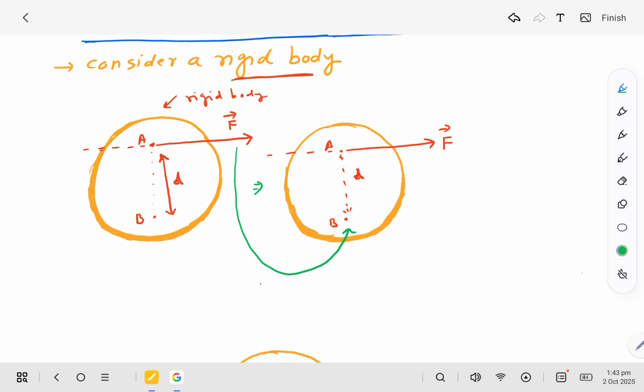If I apply two forces with the same magnitude as the force acting at point A to point B, so first we apply two same magnitude, opposite forces at point B.